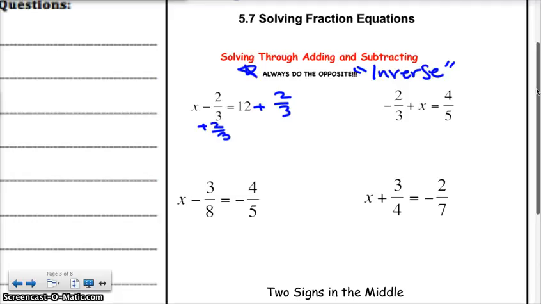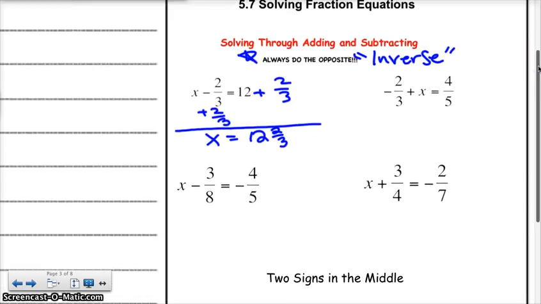With fractions, it just looks ugly. So notice a negative 2/3 plus 2/3, it canceled out. That was my goal. And I get x is equal to just 12 and 2/3. I love it when it's those kinds, because you just kind of smush the fraction to the whole number. Unfortunately, that doesn't happen very often, but I love it when it does.